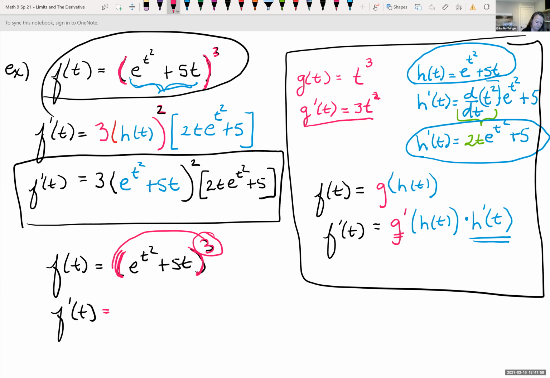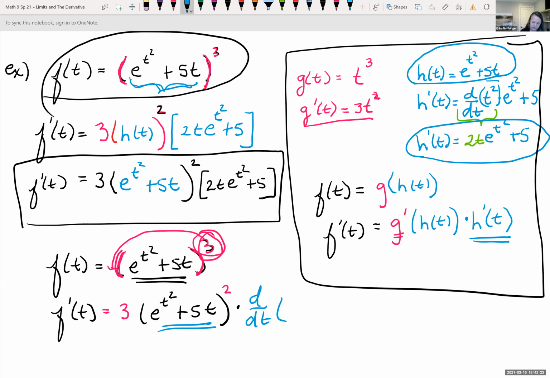Let's bring the 3 down front, of the inner, keeping what's inside the same: e to the t squared plus 5t. Subtract 1 from our power, so 3 minus 1 is 2. Times, and this is where I might just say I'm going to take the derivative of the inside, d dt of the inside, e to the t squared plus 5t.